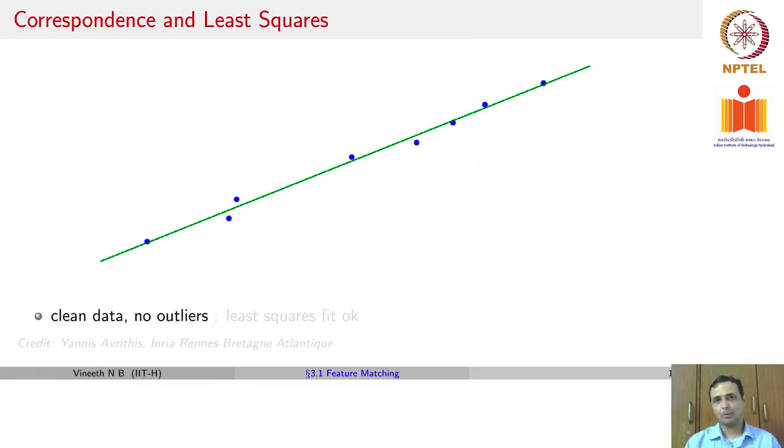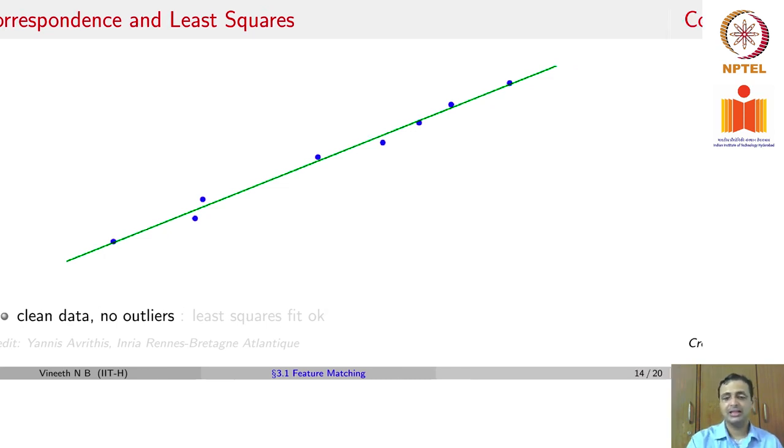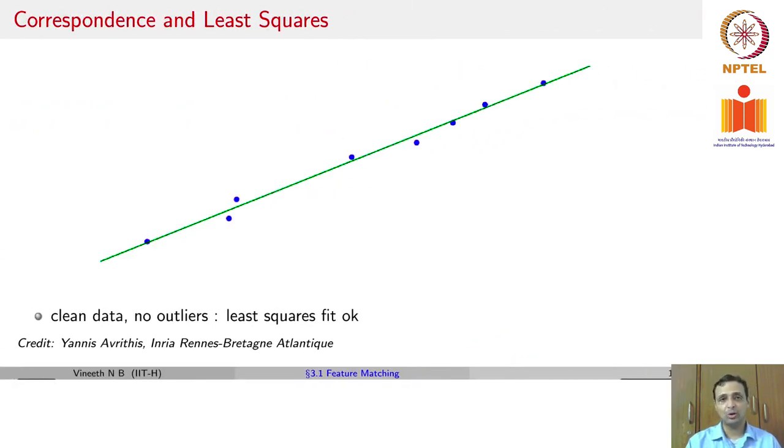So if you had a least squares approach to fitting correspondences, this is what you would have. If you have a bunch of correspondences here, this is clean data, not many outliers. The least squares fit would give you a fairly good equation for the line. We're just talking about the transformation in a slightly more abstract sense now, but we'll come back and make it clear as to how do you really estimate the parameters of the transformation.